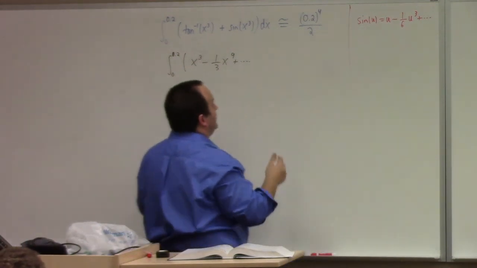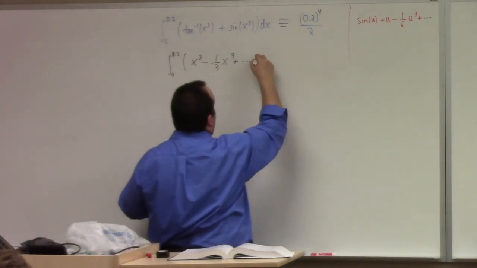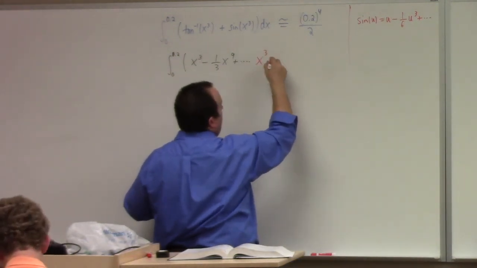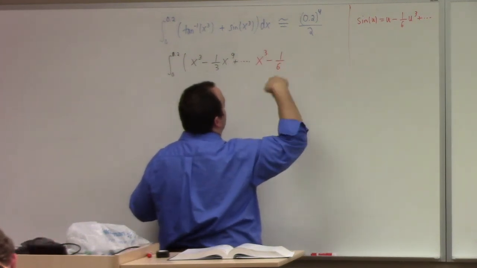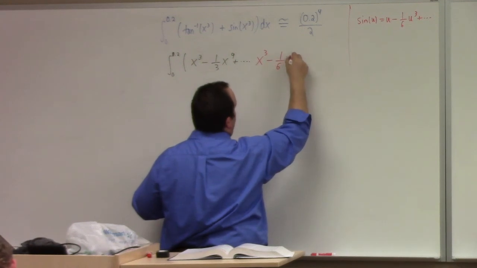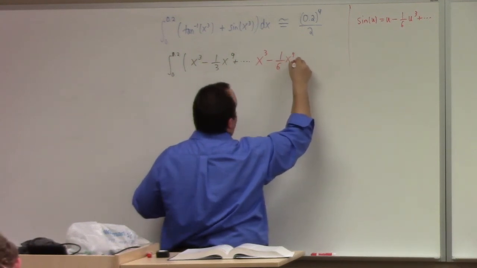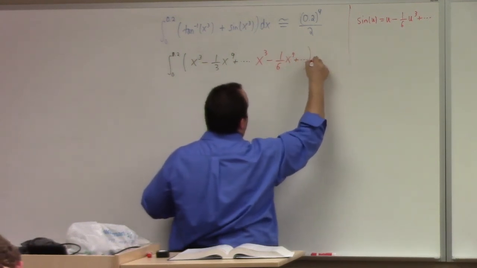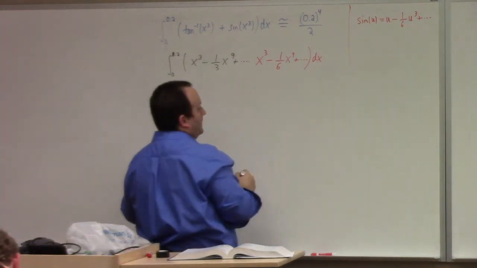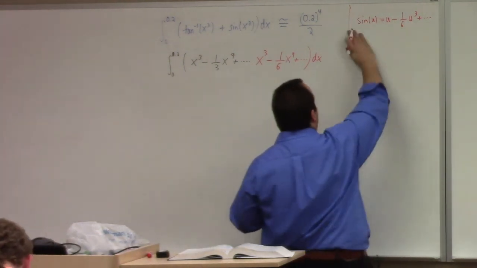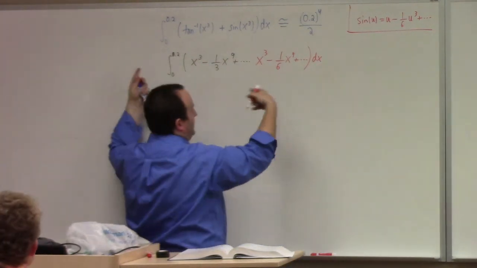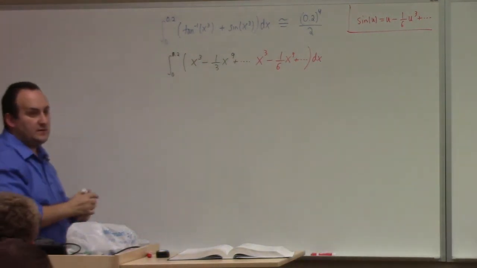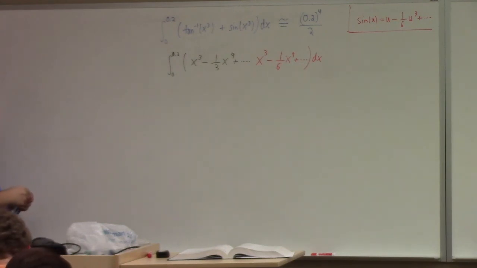So the first two terms in the sine expansion are also x cubed, but this time minus 1/6 u cubed, which is x to the 9th here. So these are the first two terms up to order 9 in the power series approximation to the integrand. Does that make sense what I'm doing so far? I hope.